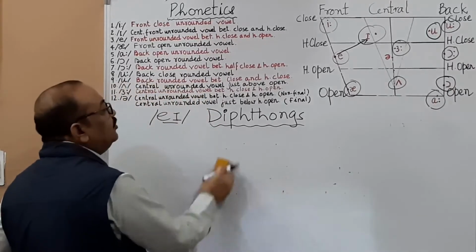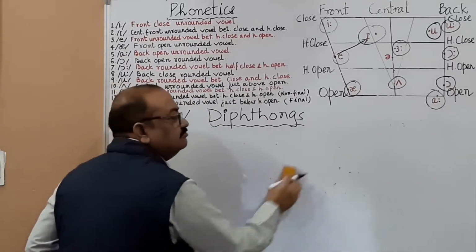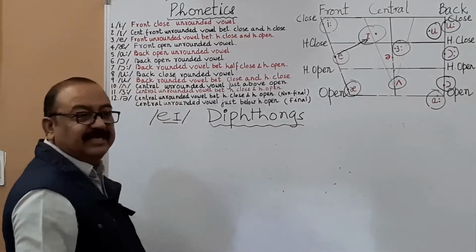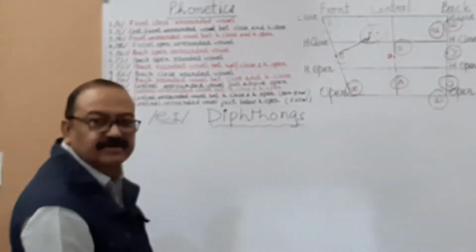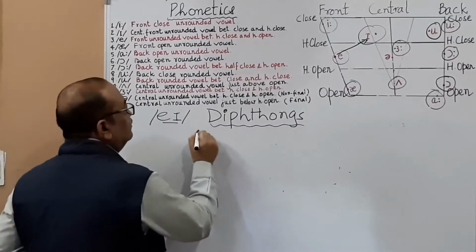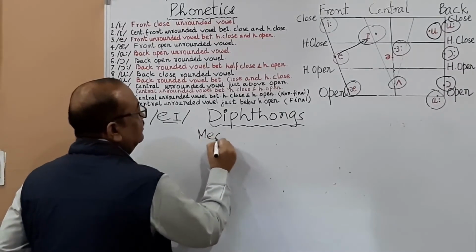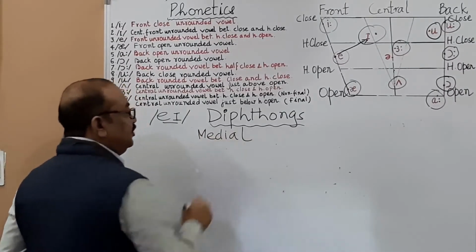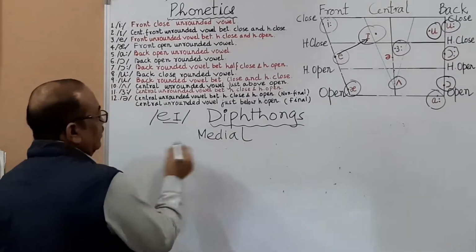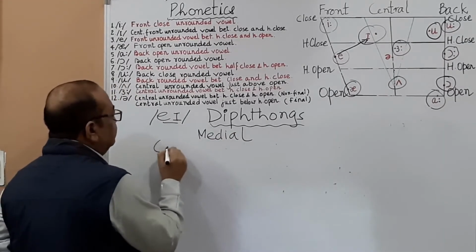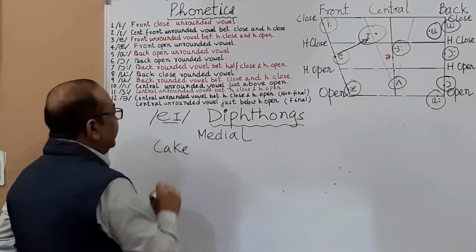For example, you have words like tame, cake, make. So medially, for example, cake. This was a word. How will you write cake?